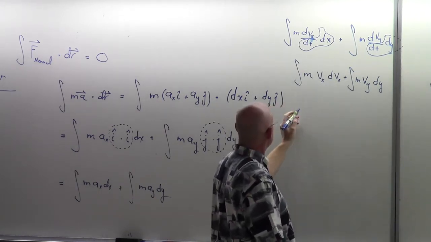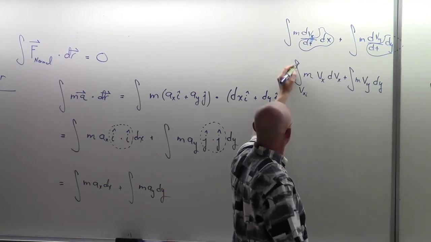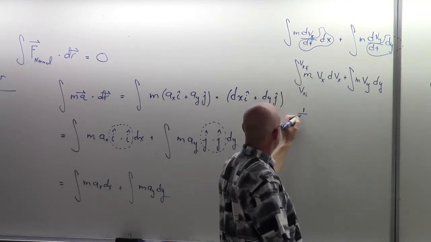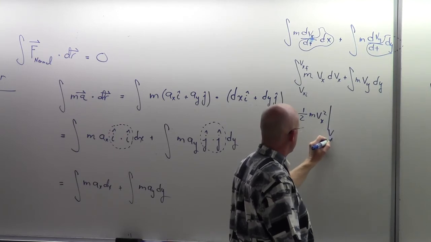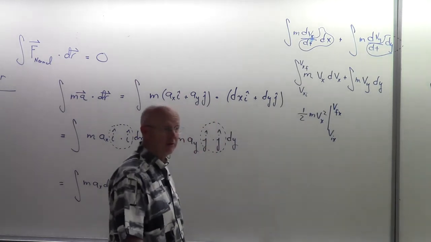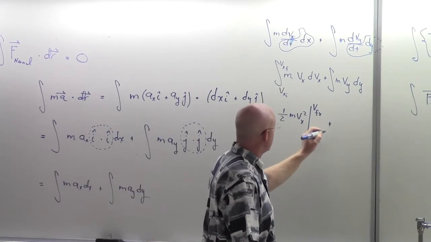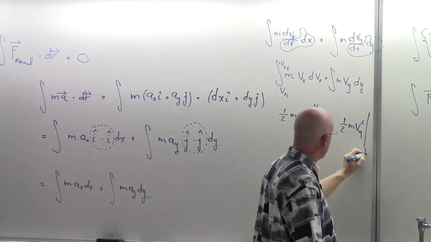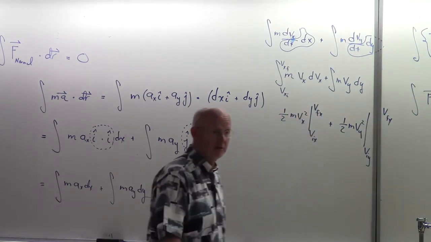Because when I integrate this from, say, some initial velocity in the x direction to some final velocity in the x direction, doesn't this become 1/2 m vx squared evaluated from its initial to its final speed? And over here, don't I get a 1/2 m vy squared evaluated from some initial y speed to some final y speed?